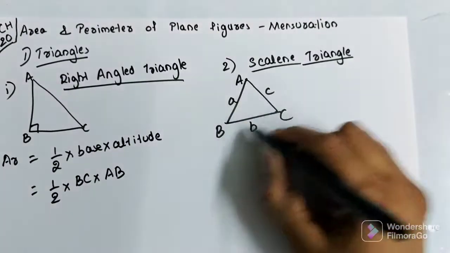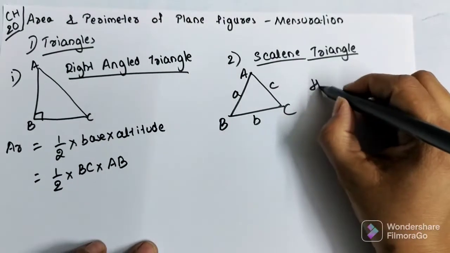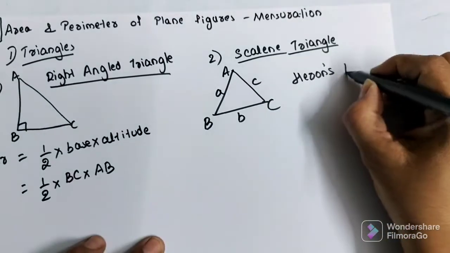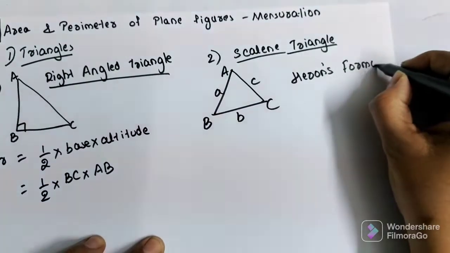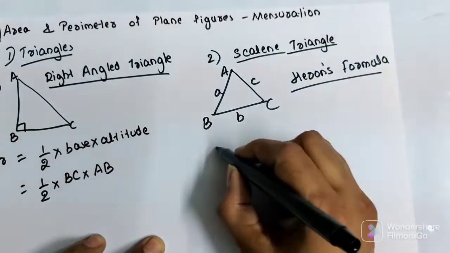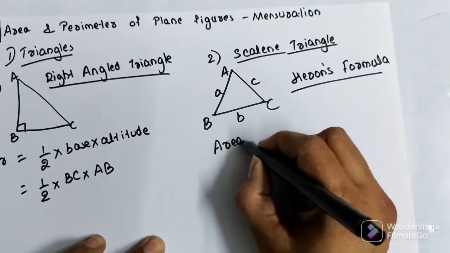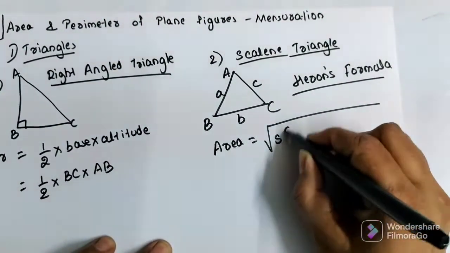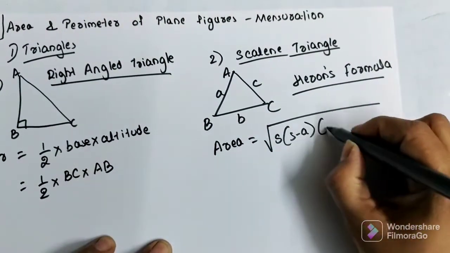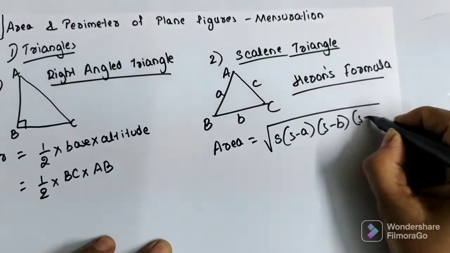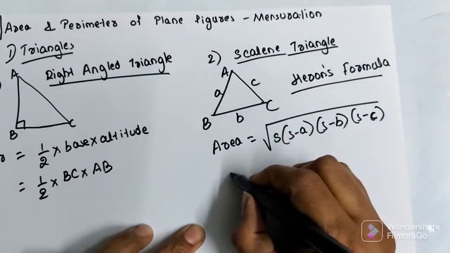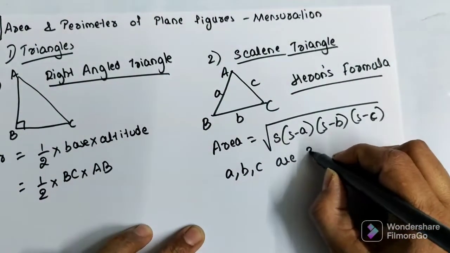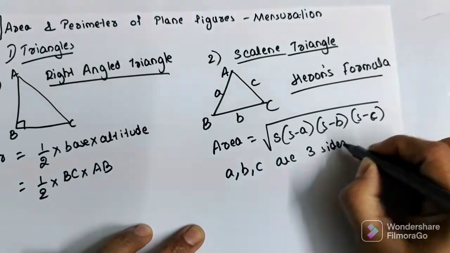All the sides have different lengths. So when we have such triangles, we use something called Heron's formula, which is a very important formula. So what does Heron's formula say? Whenever we have such a triangle, we can find the area by using the formula square root of S into (S minus A) into (S minus B) into (S minus C), where A, B, C are the three sides of the given triangle.